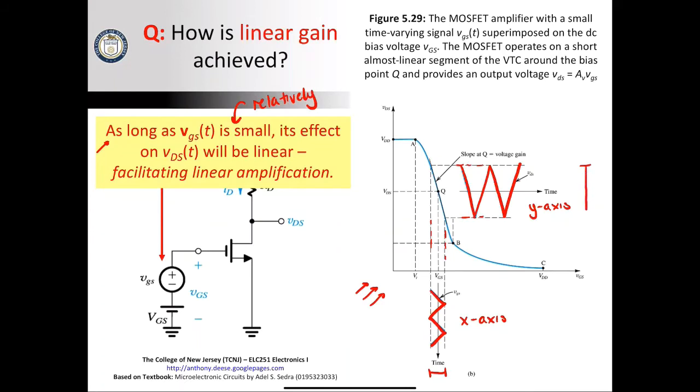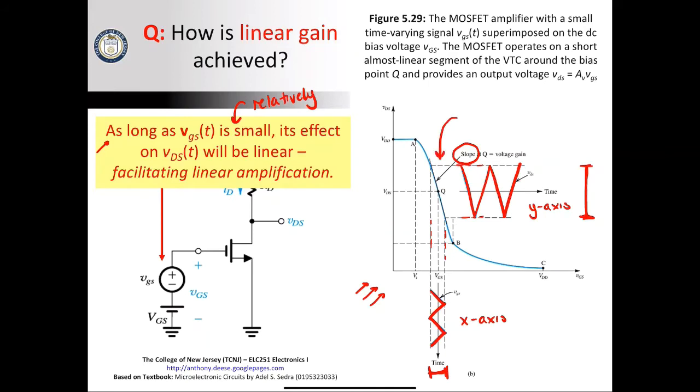Right? The slope is going to determine how much amplification we have. If the slope is 1, then the width here would be the same as the width here, right? And if the slope is, actually here it's negative, so -1, or has an absolute value greater than 1, then it'll get larger and larger.